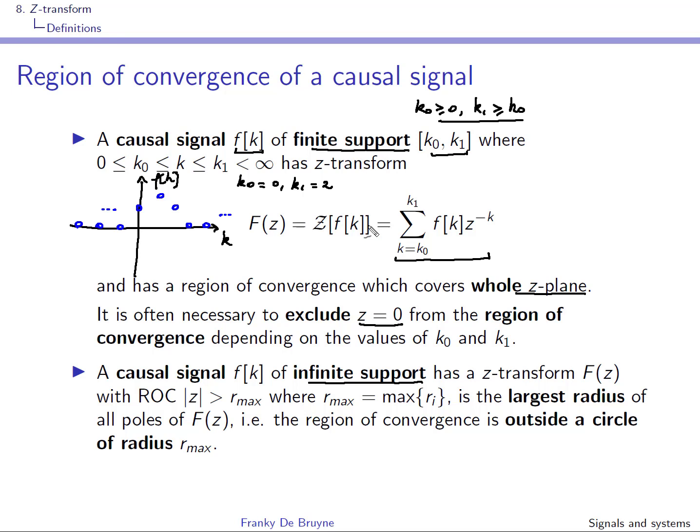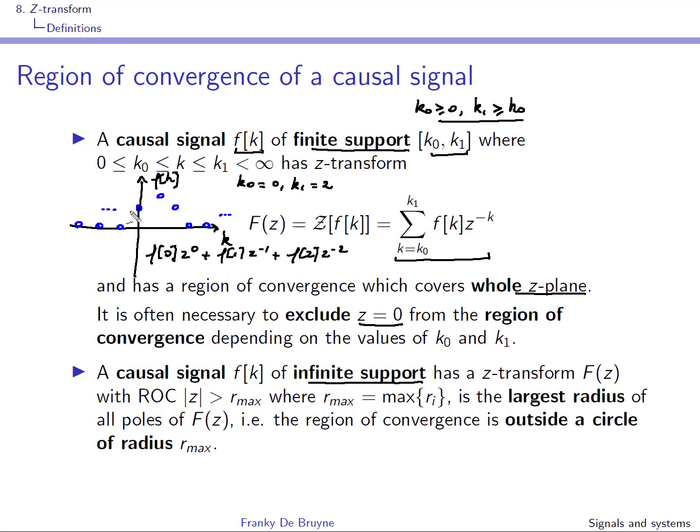And if we have a look at the Z transform, since we have only 3 terms, it will be f of 0 z^0 plus f of 1 z^-1 plus f of 2 z^-2, and all the other terms are 0.